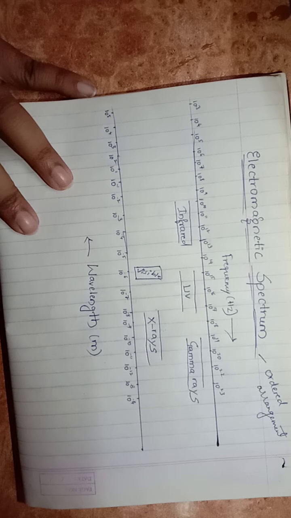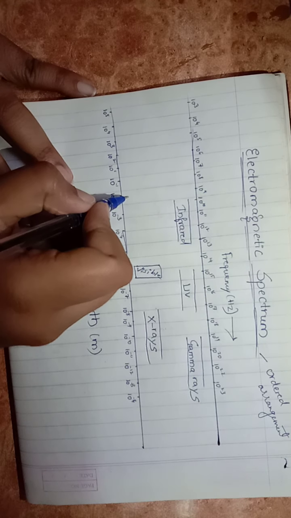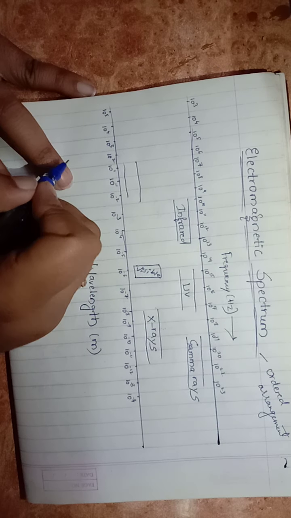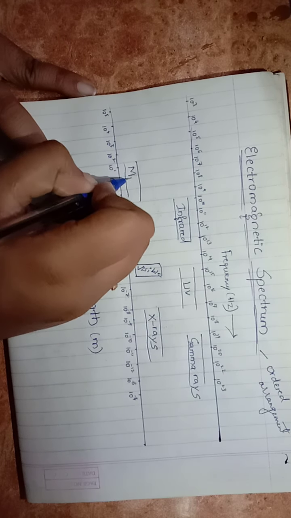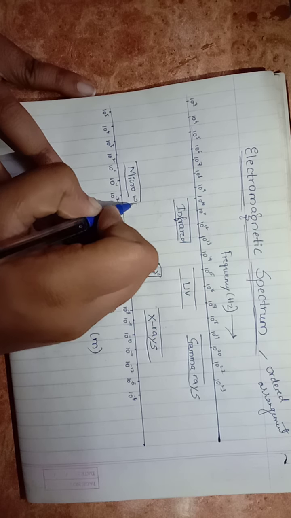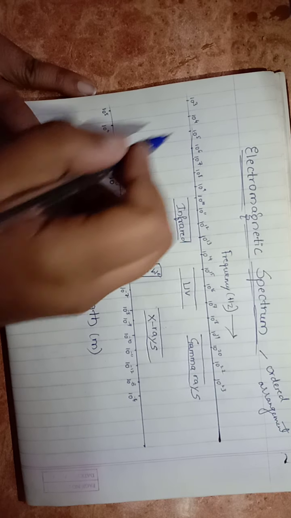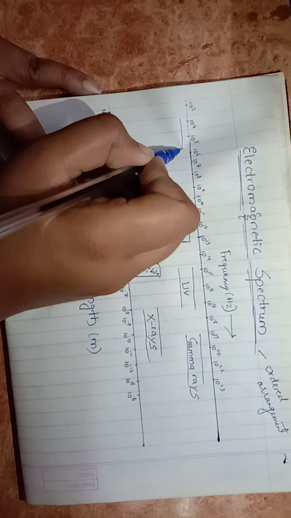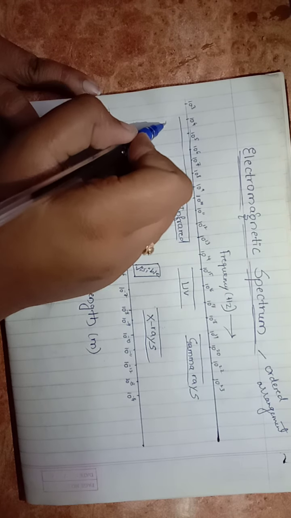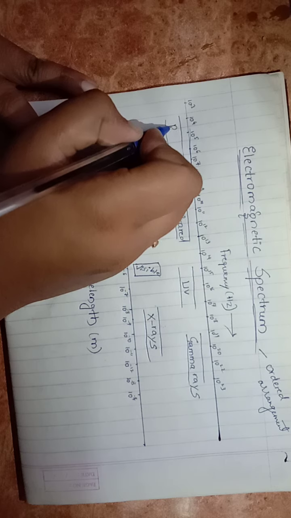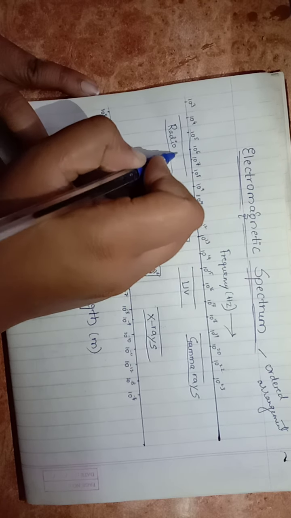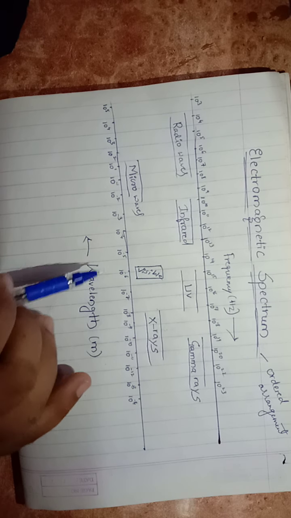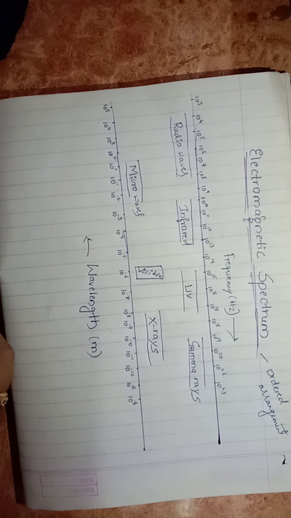Next here I'll write the microwaves, and at the last we have the radio waves. Okay, so this is how the electromagnetic spectrum is arranged.